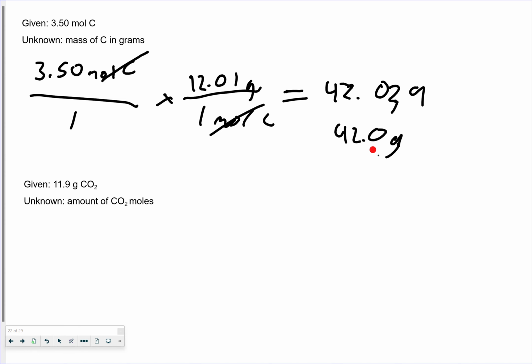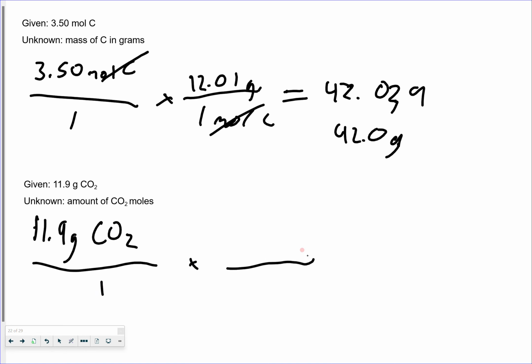Given for the next one is 11.9 grams of carbon dioxide, and we want to find the moles. Similar to the last one, we start with our given, which is 11.9 grams of carbon dioxide over 1.